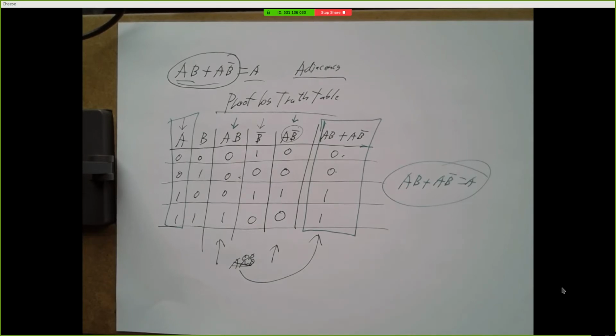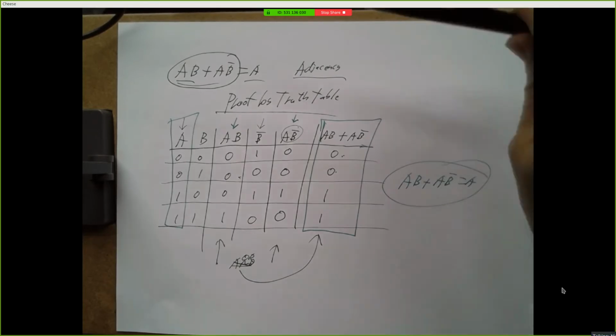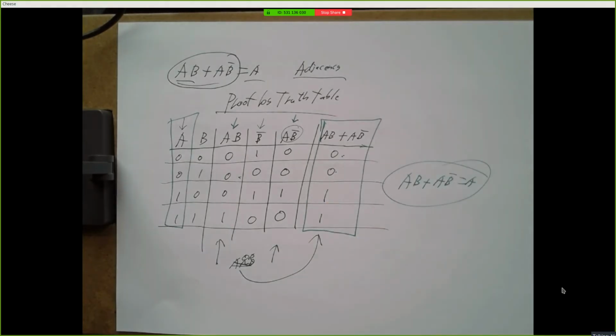And this stuff ties into logic, right? This was where this stuff came from. This was in the 1850s that George Boole was working on this stuff, because we can use this for logic, right? So as you want to know a statement about if it is raining or if today is Thursday, then such and such. Well, maybe it's raining, maybe it's not. Maybe it's Thursday, maybe it's not. But there's only 4 possibilities, right? It's raining and it's Thursday, it's not raining and it's Thursday, it's raining and it's not Thursday, or it's not raining and it's not Thursday.